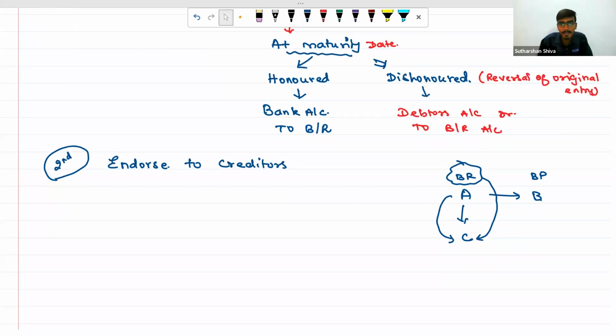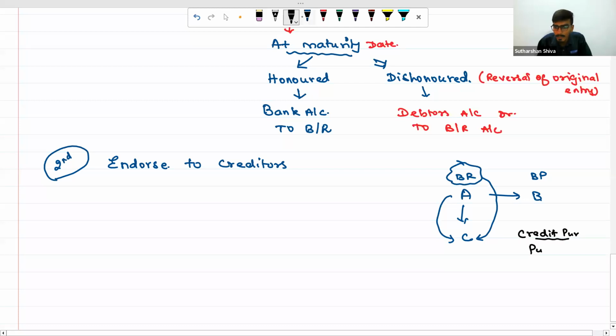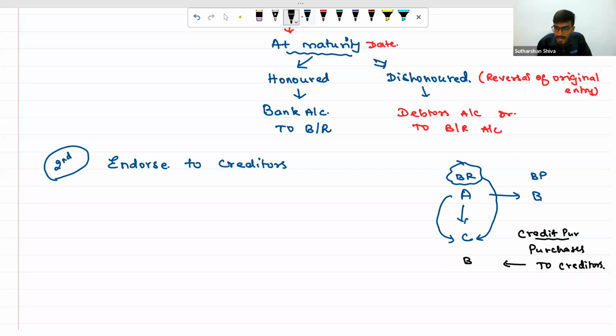At the time of making a credit purchase, what is the simple journal entry? It is nothing but purchases to creditors, correct? For that purpose, I have received my bills payable.